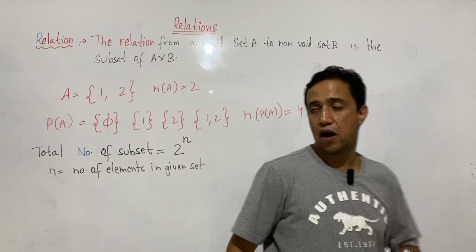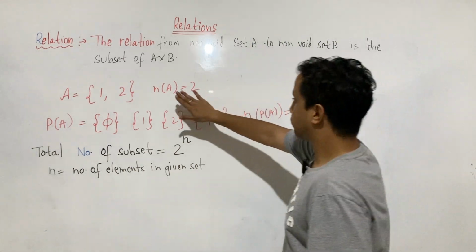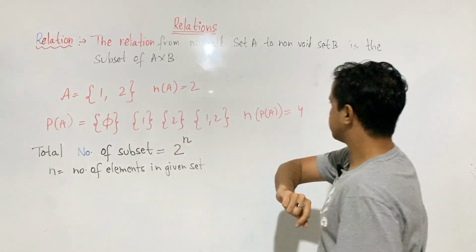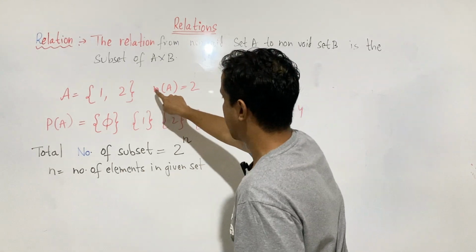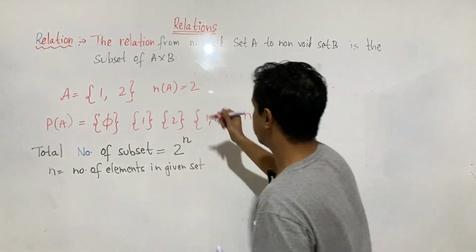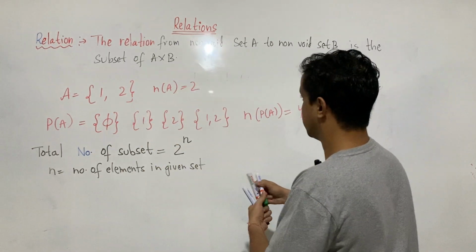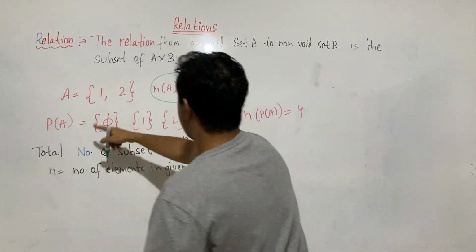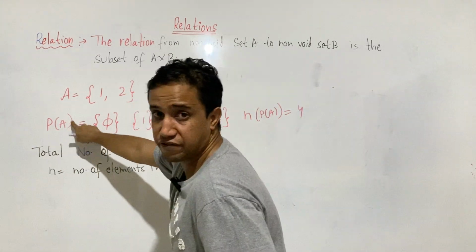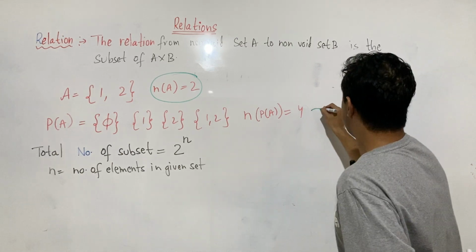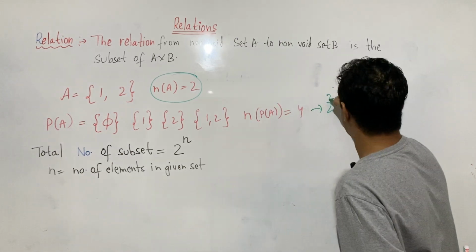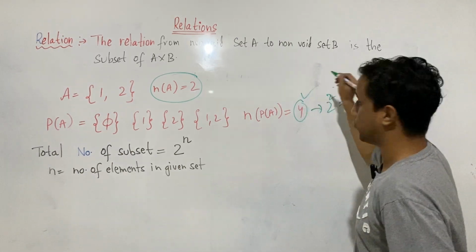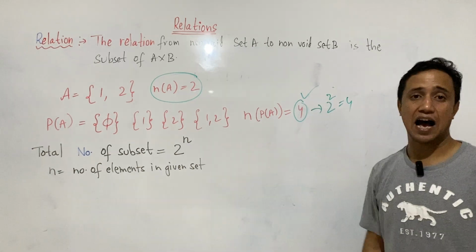Here the total number of elements in set A is 2. So the total number of subsets will be 2 raised to power 2, which is 4. See here, 4.